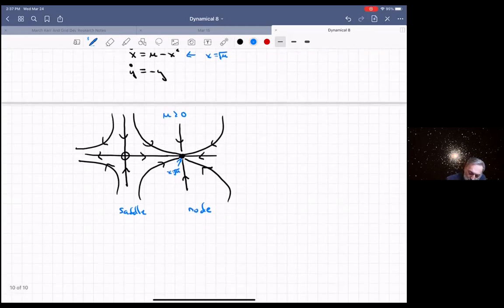So if I take mu and I let mu go to 0, the node moves towards the origin.